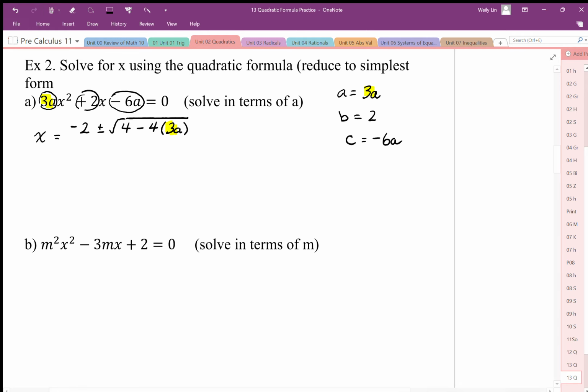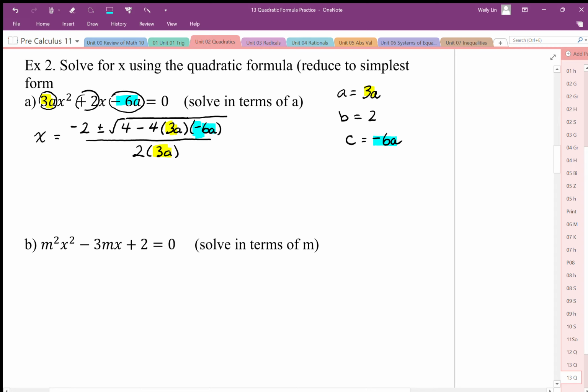And our c value is going to be that value there. So we're going to put negative 6a for that term. And that's all over the denominator, 2 times 3a. Again, that 3a represents the a term in the quadratic formula.